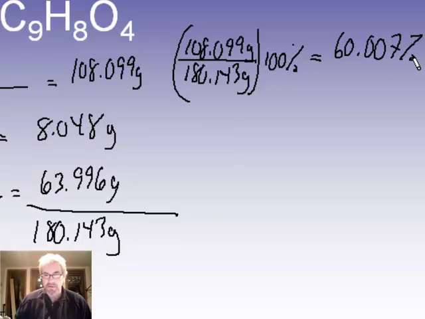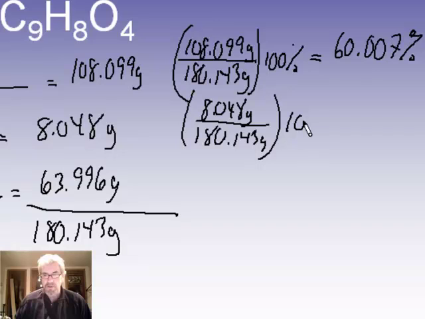to 5 significant figures. For hydrogen, 8.048 grams is divided by the total, 180.143, and then that's expressed as a percent by multiplying by 100, and it's 4.468%.